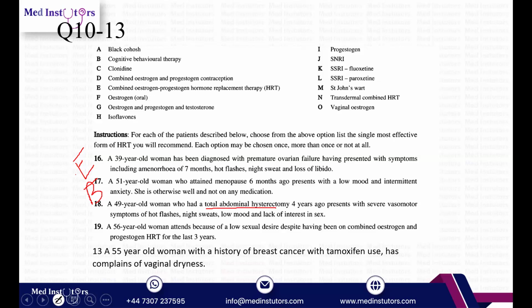F is, you're right, guys. Dr. Manikam, Dr. Pradeep, F is right because it is hysterectomized, right? We do not need to give progesterone coverage for her, so we just give estrogen. 56-year-old woman, next question.